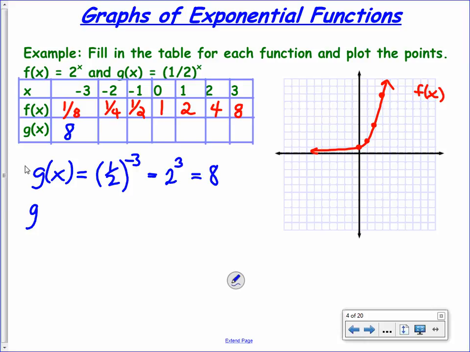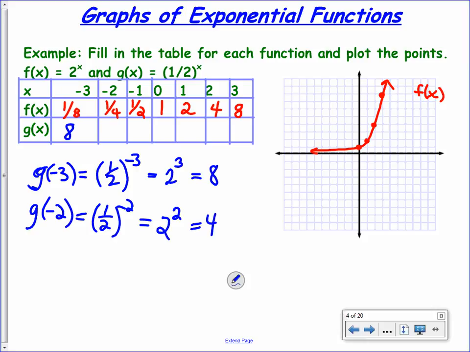Okay, g of -2 is 1/2 to the -2 power, which becomes 2 squared, which is 4. All right, g of negative 1 equals 1/2 to the negative 1, which just equals 2 to the first power, which is 2.